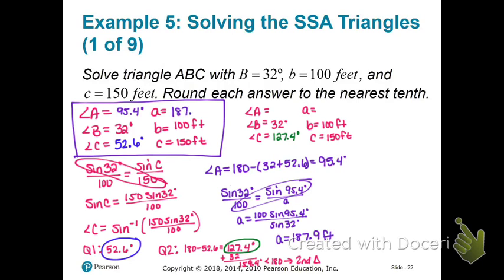So 187.9 feet. All right, so our first triangle's done.